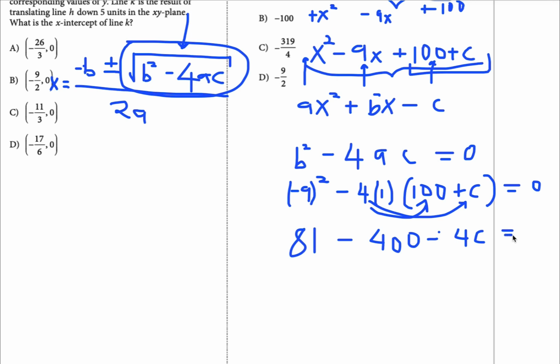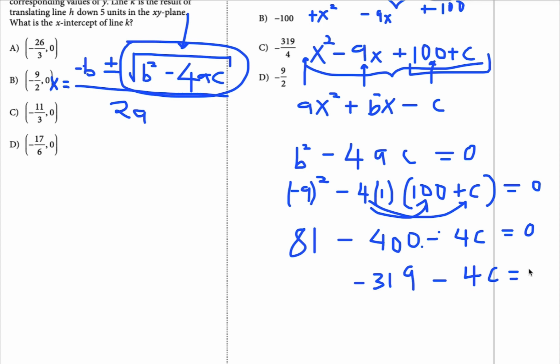This whole thing is still equal to 0. Afterwards we combine the 81 and the 400, which gives us negative 319 minus 4c equal to 0.